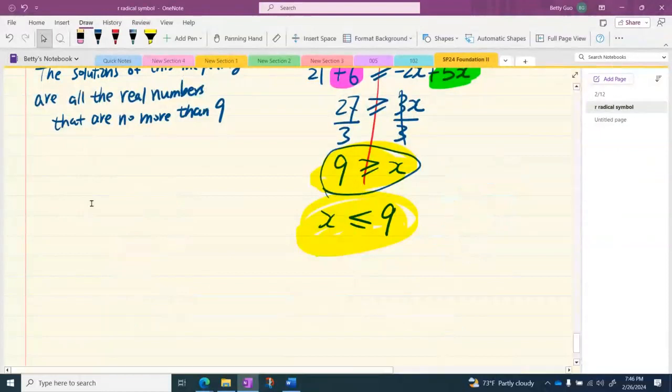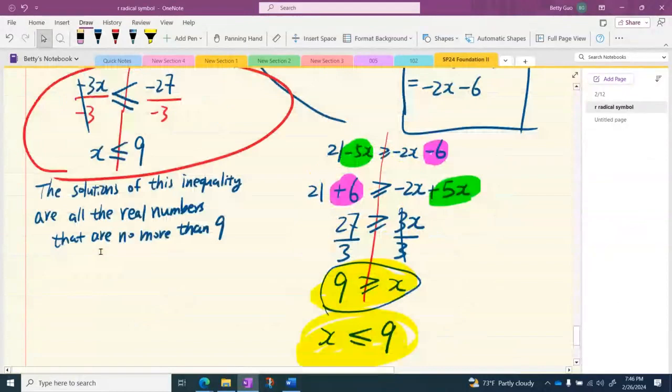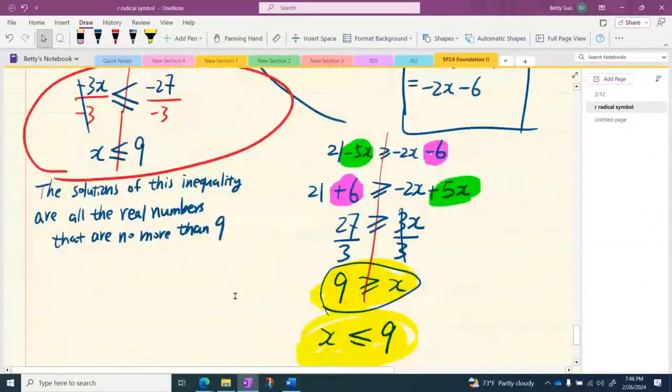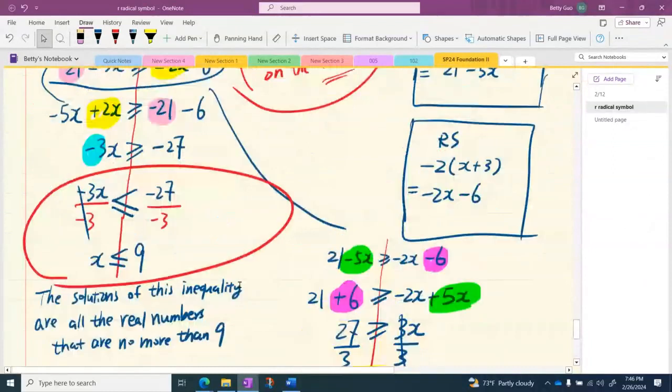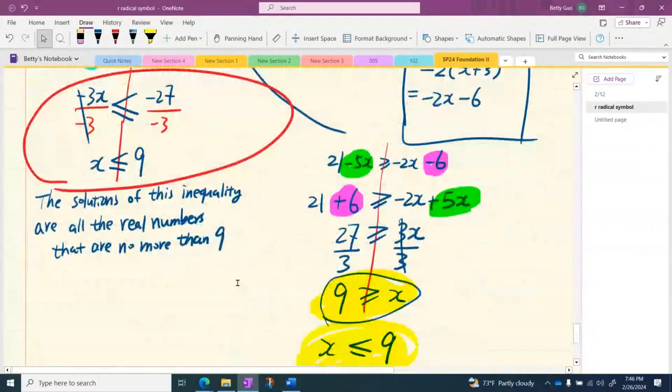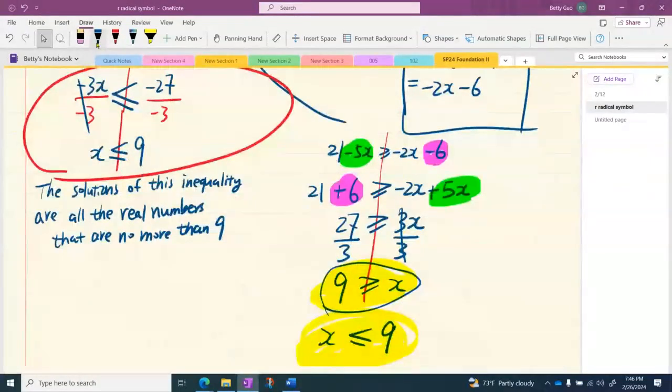The solutions are all the real numbers no more than 9. The question you will see in Pearson, they will make you graph the solution set.